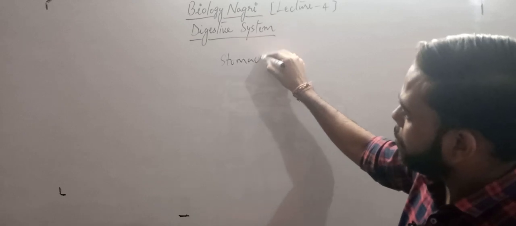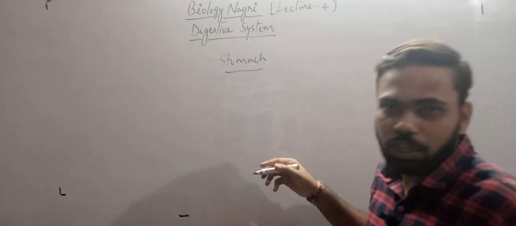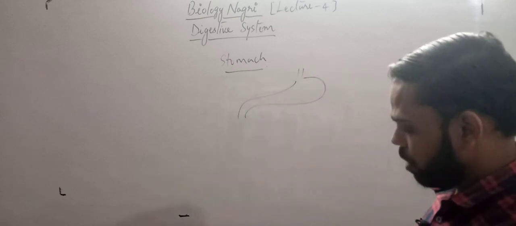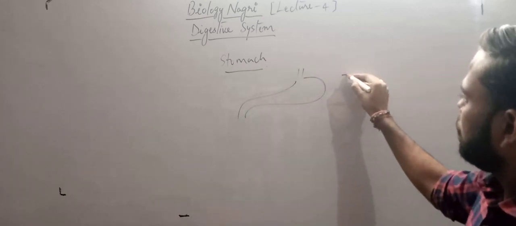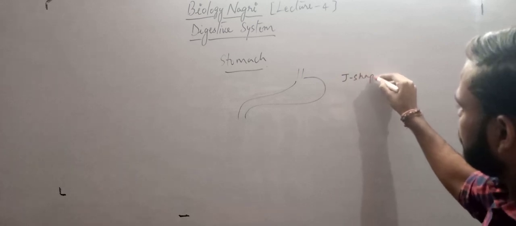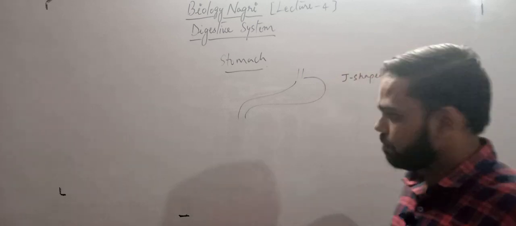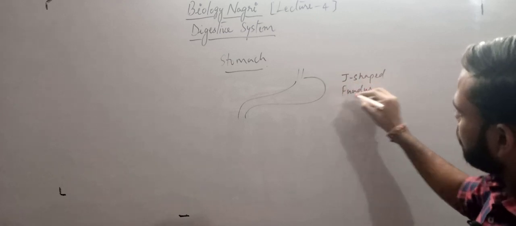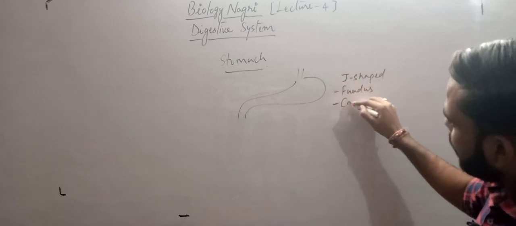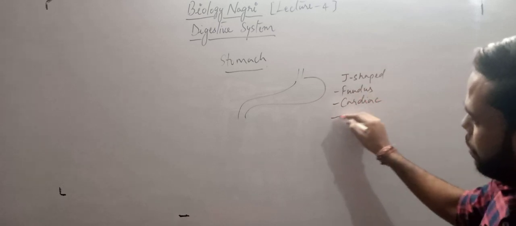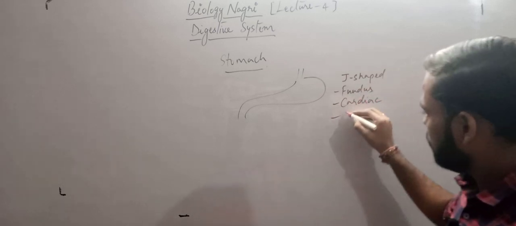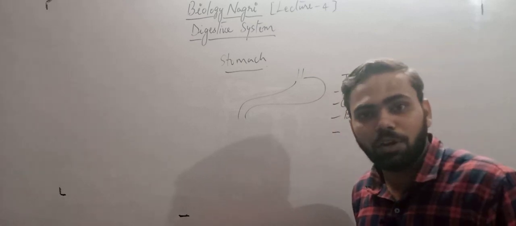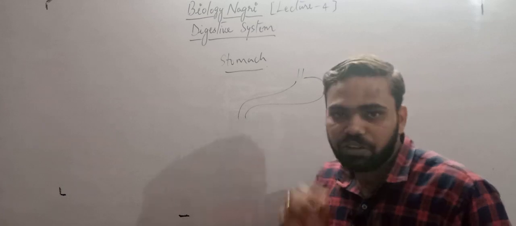When we talk about the stomach and draw its structure, this is a J-shaped organ having 4 parts, namely the fundus, cardiac, the third one the body, and last the pyloric part, which is also known as antrum.